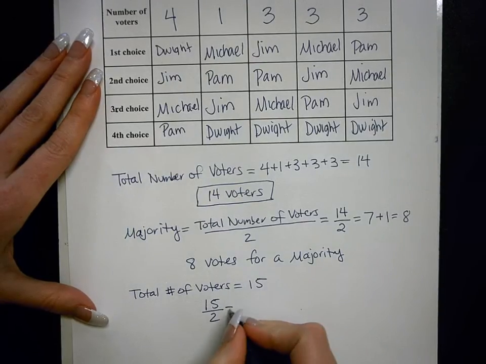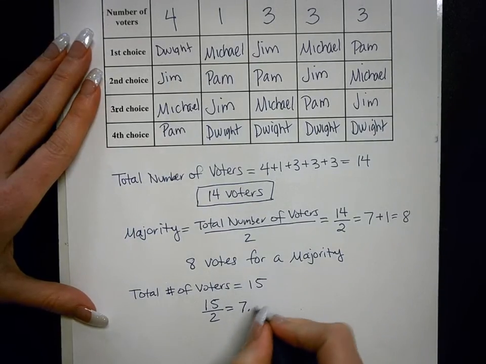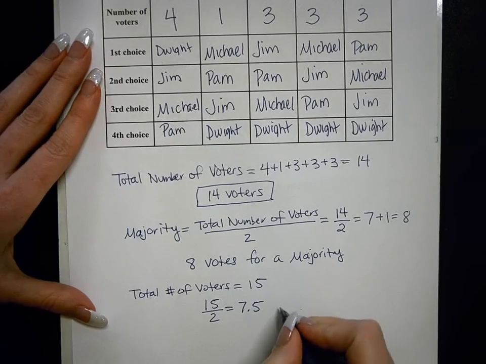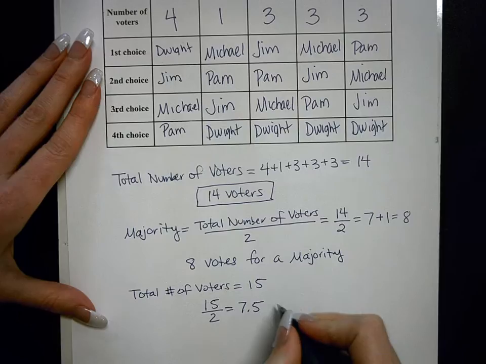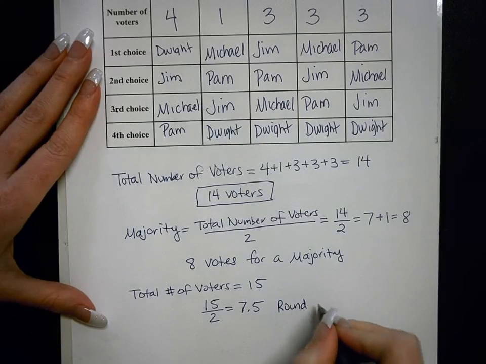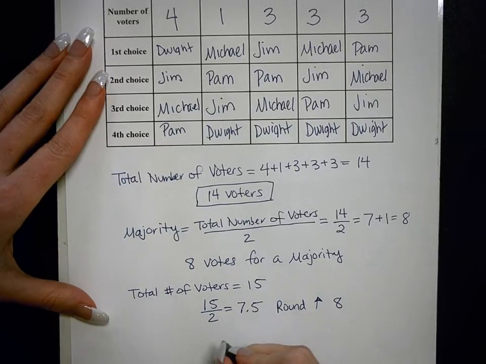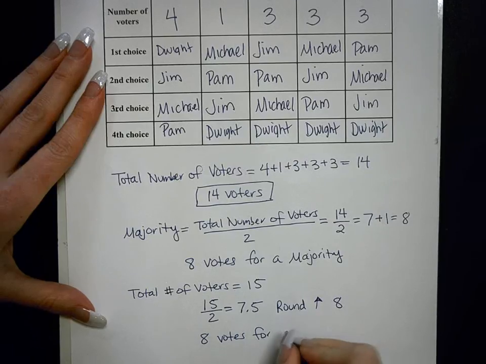When I go 15 divided by 2, I get 7.5. If you end up with a number like this, you can't have half of a person, so you have to round up to 8. So in this example, you would need 8 votes for a majority.